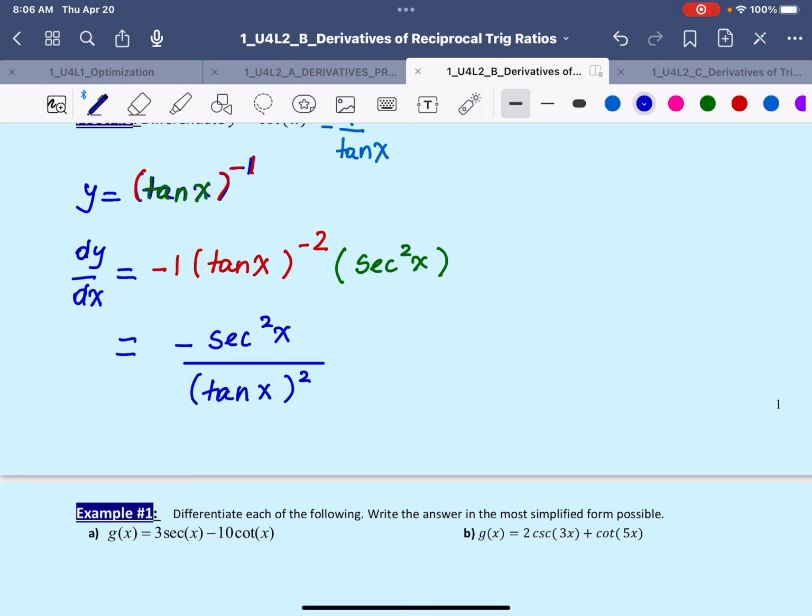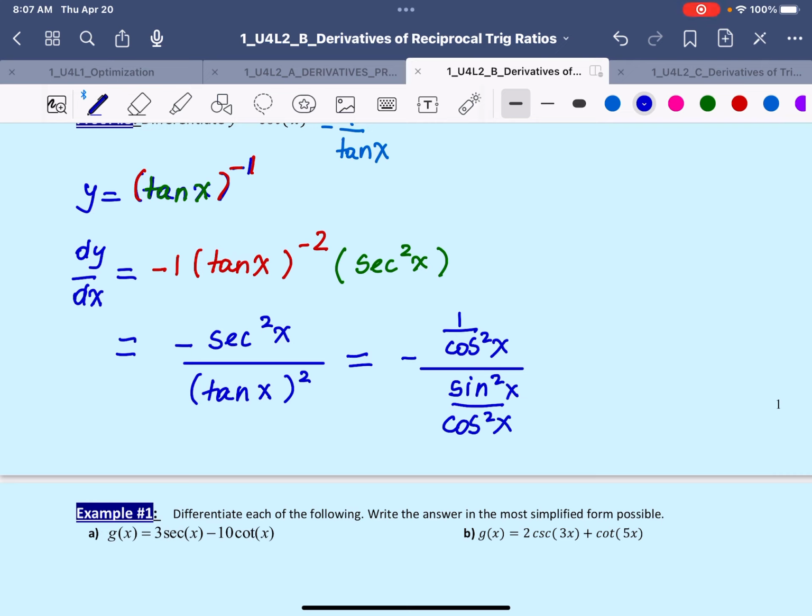So as you can see here in this case, we have the secant, which can be expressed in terms of cosine. So we have 1 over cosine squared x. And we have tan squared x, that is sine squared over cosine squared.